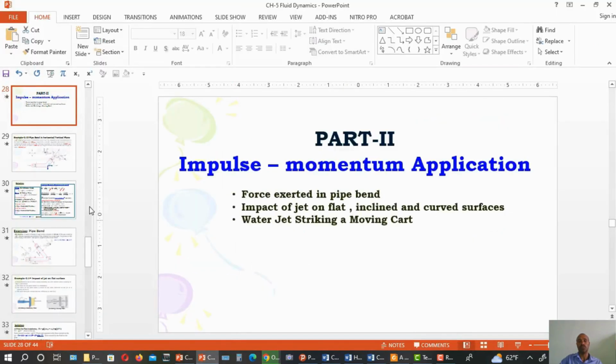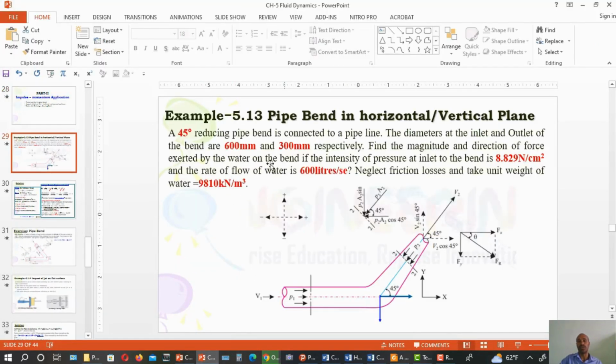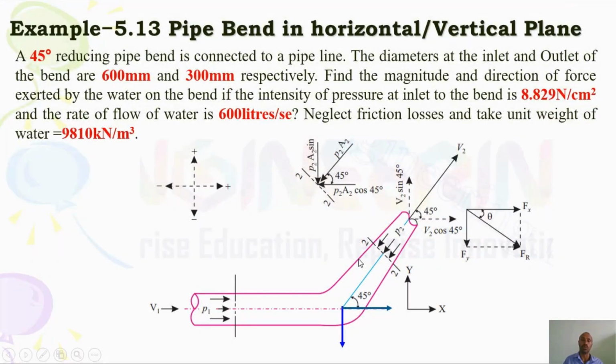Now let's start with the example. First example, 5.13: pipe bend in a horizontal or vertical plane. A 45-degree reducing pipe bend is connected to a pipeline. The diameters at inlet and outlet of the bend are 600 millimeter and 300 millimeter respectively.